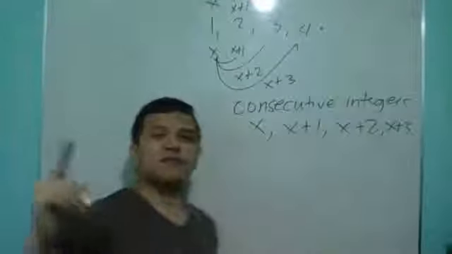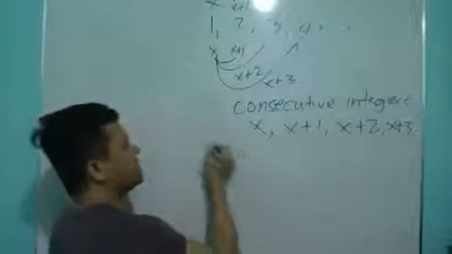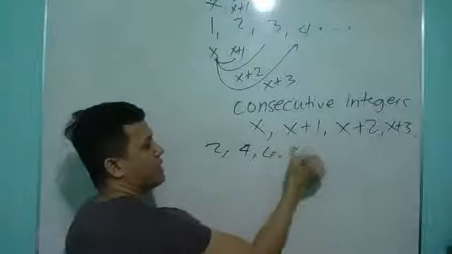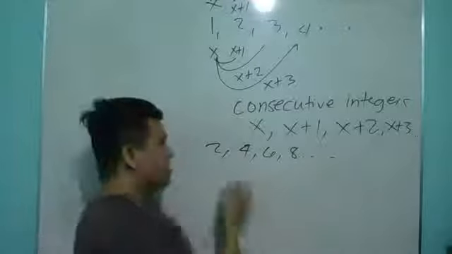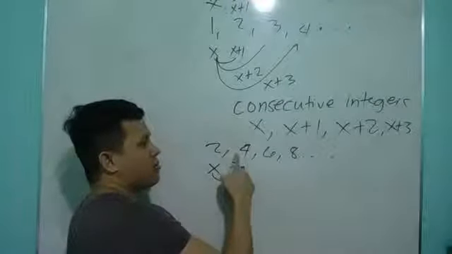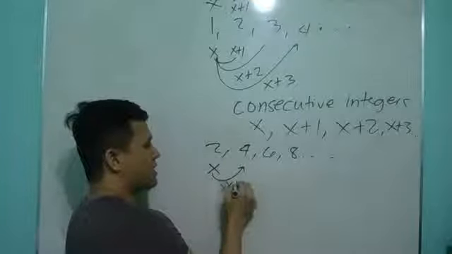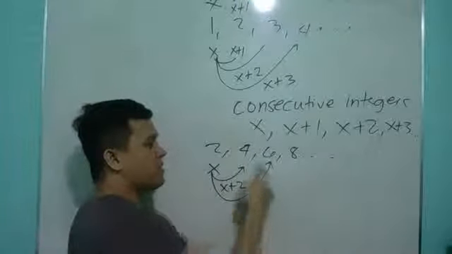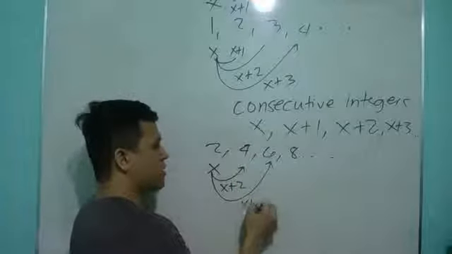What if consecutive even integers? Even numbers are like 2, 4, 6, 8. Say this is x. With reference to x, how much do we add to make 4? We have x plus 2. And how much do we add to make 6? We have x plus 4.